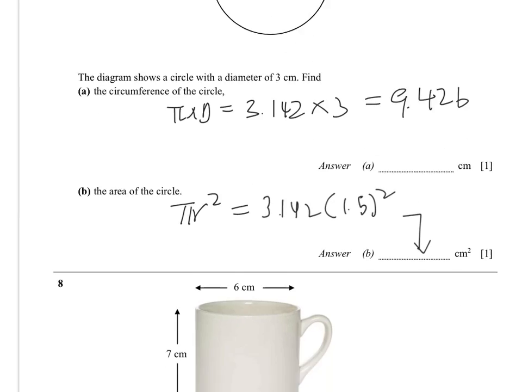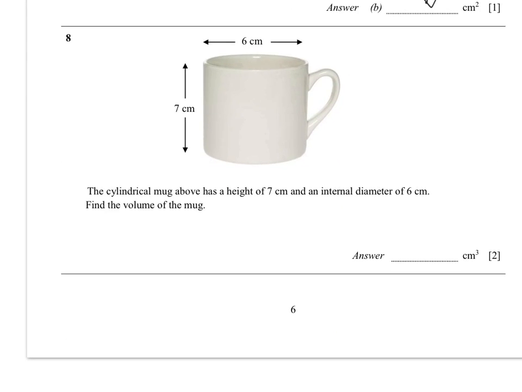Very straightforward. And then for the question to find the volume, we take the same thing: the cross-sectional area multiplied by the height. I don't need to explain this, right?